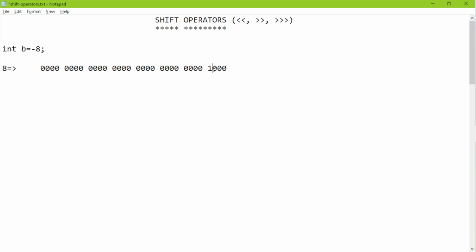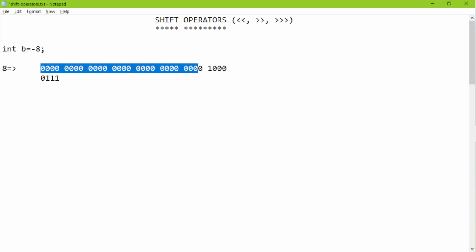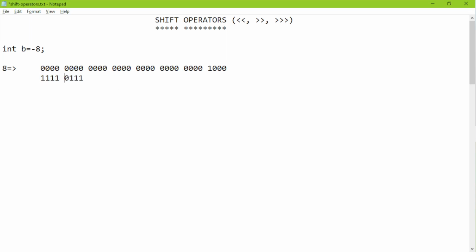First, the three 0s we have, I'm converting into 1. Next 0, and the rest will be converted as 1: 1 1 1.